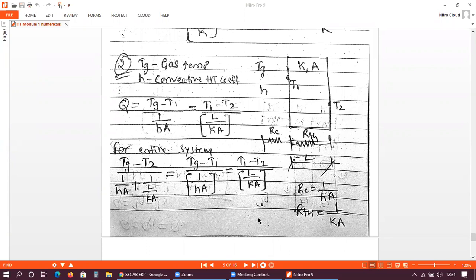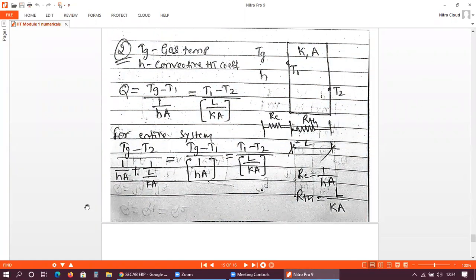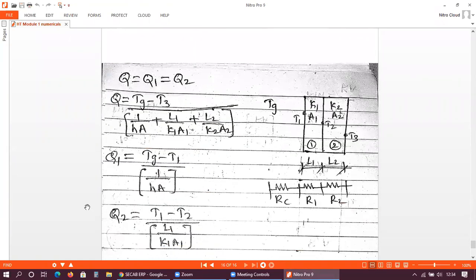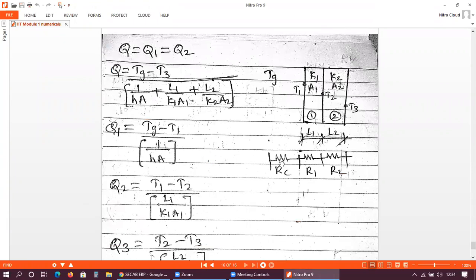Now coming to one more parameter. It is a composite wall; there are two walls, right? The extreme left face is exposed to hot gas having temperature Tg.